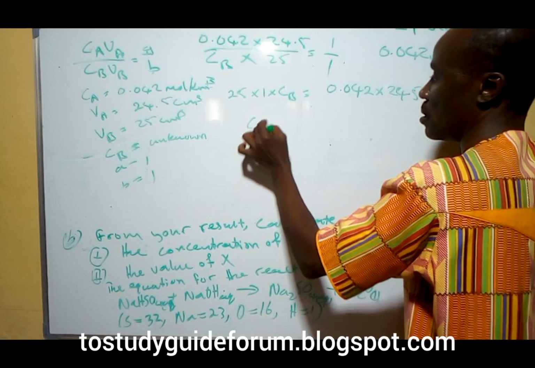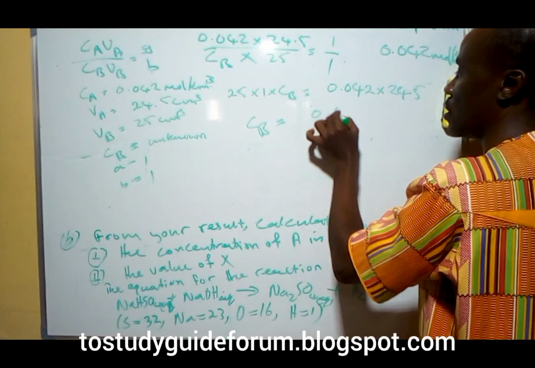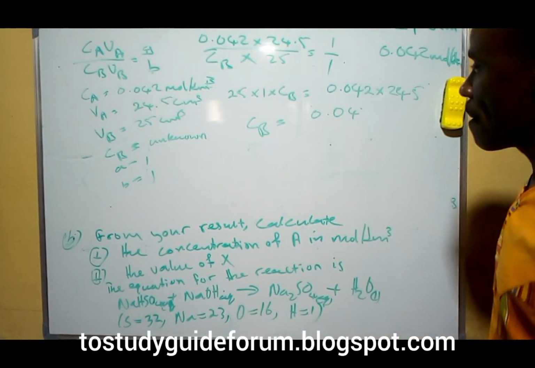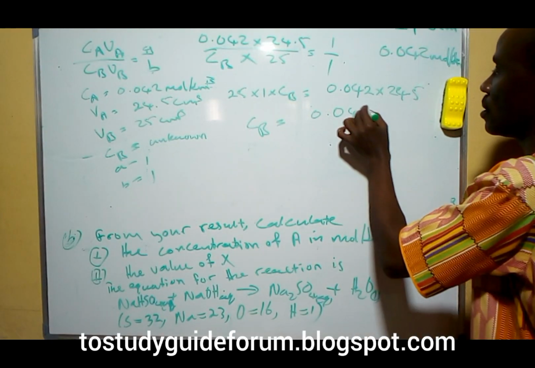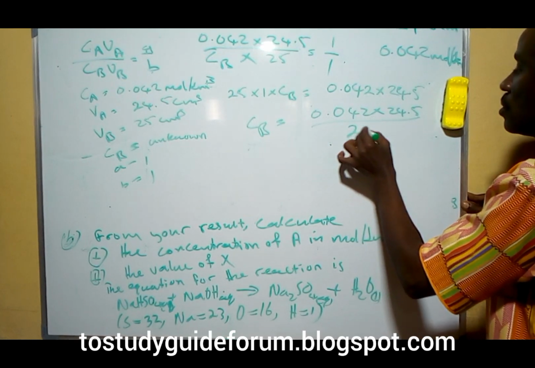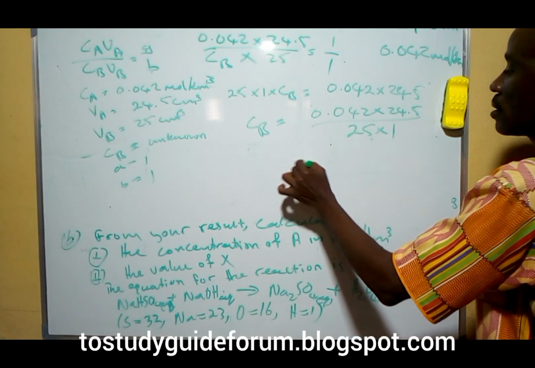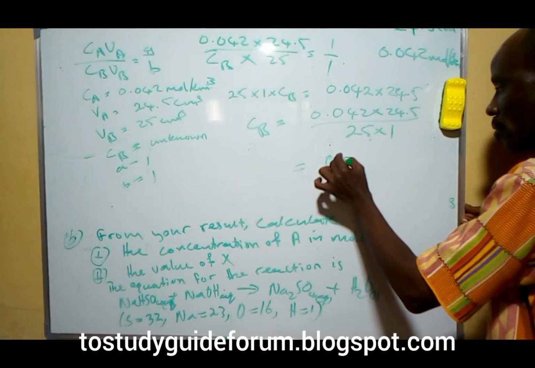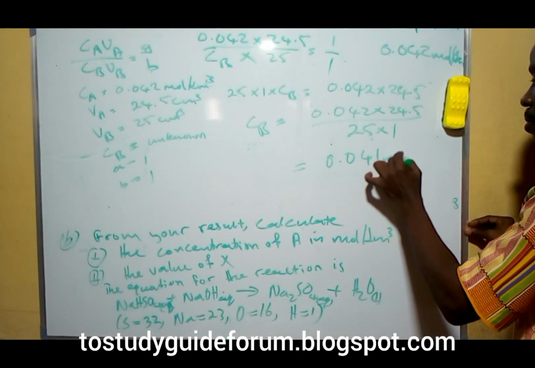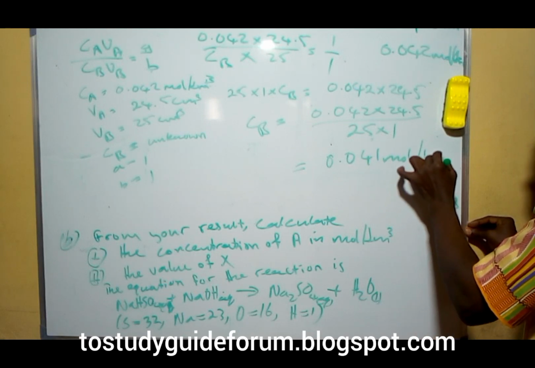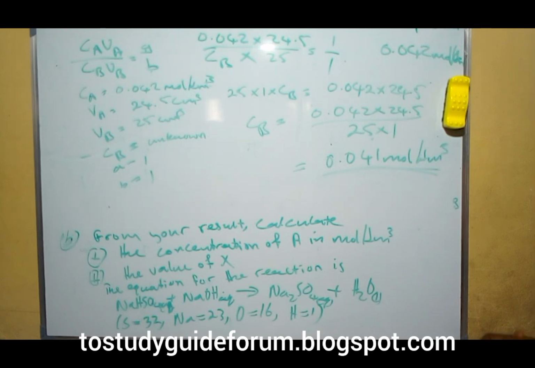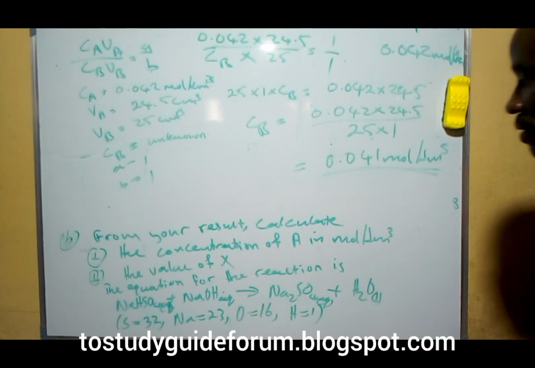So CB, the concentration of B, will be 0.042 times 24.5 all over 25 times 1, which gives us 0.041 mole per dm cube. So the next thing we are going to find is the value of X.